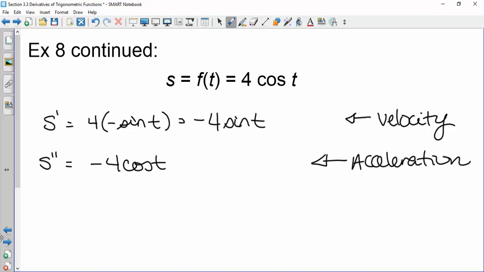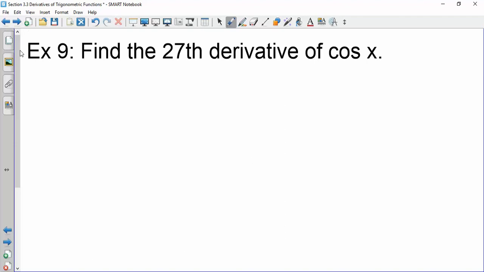Last one for today. Find the 27th derivative of cosine x. That'll be fun. So, the first derivative is what?